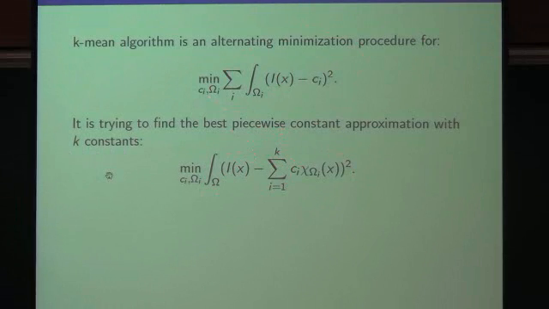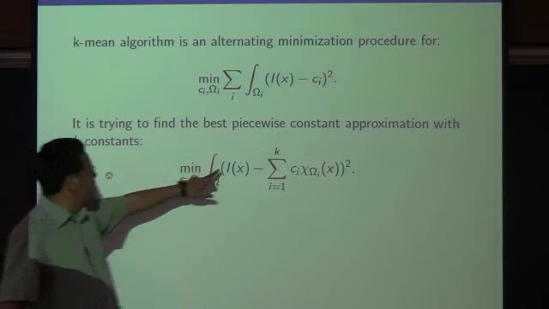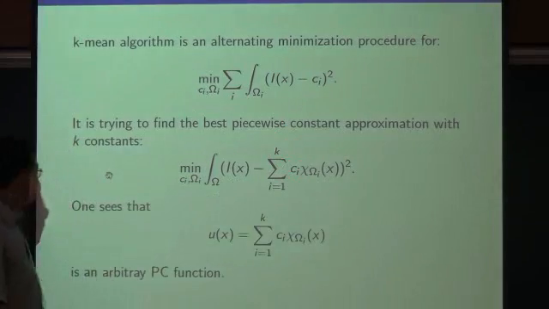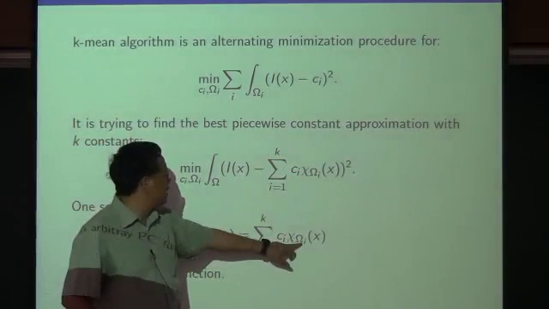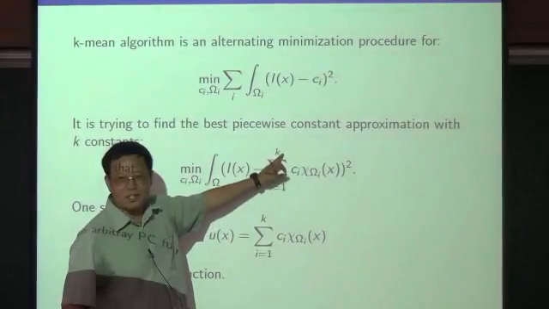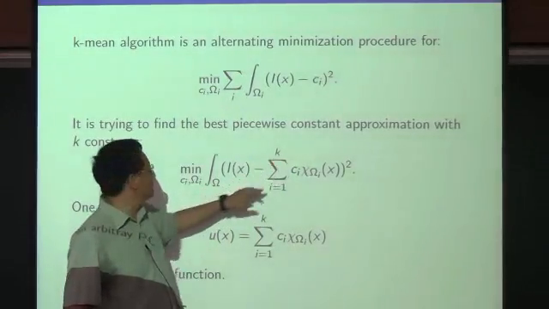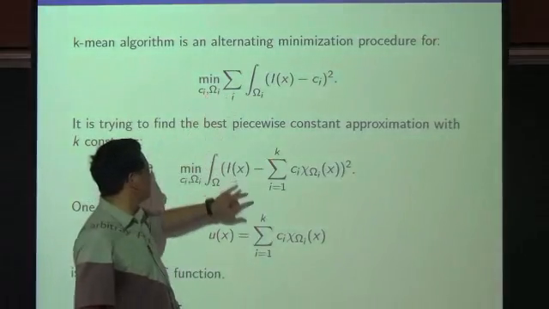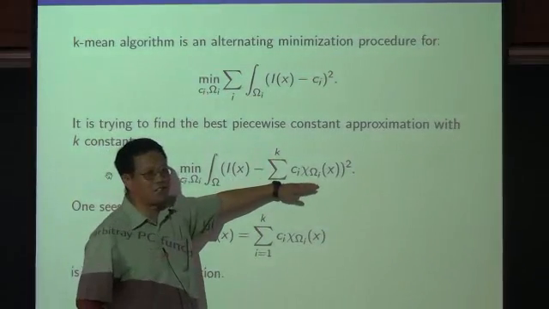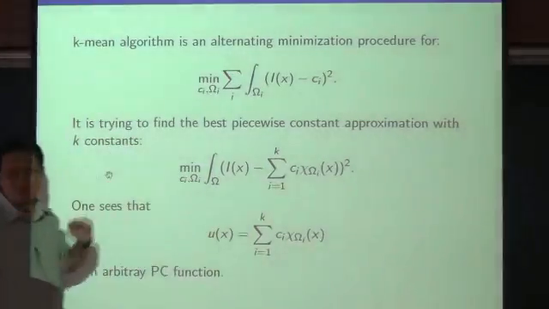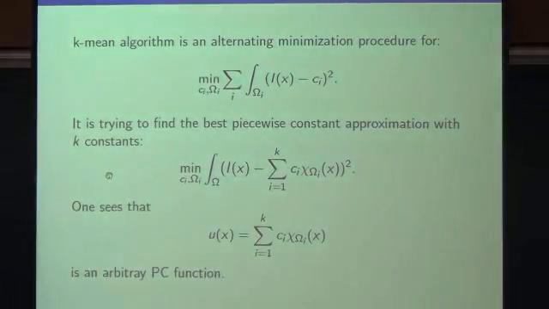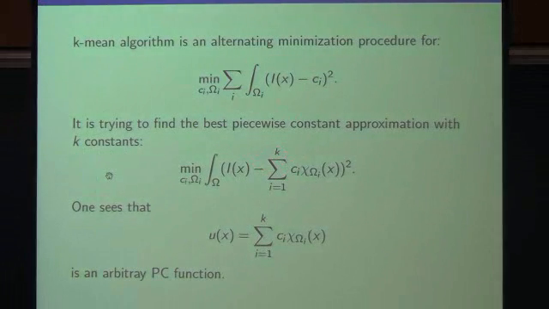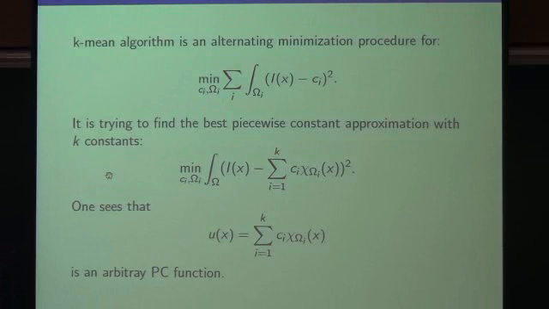For any given Ci and omega i, this functional equals this functional. So what does it mean? This is a given function, and this function, for arbitrary Ci and omega i, is an arbitrary piecewise constant function with k pieces. So this means k-means is essentially trying to find the best piecewise constant approximation, with k a given number. So this gives a very easy variational interpretation for k-means.